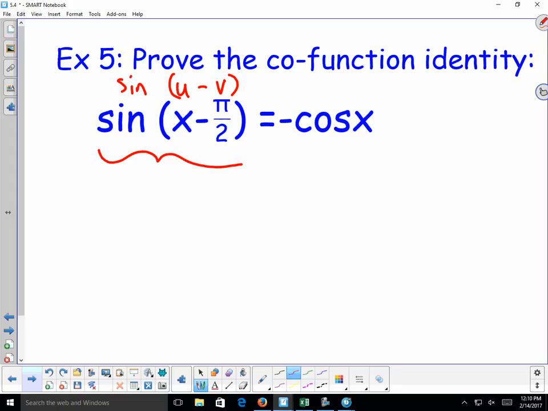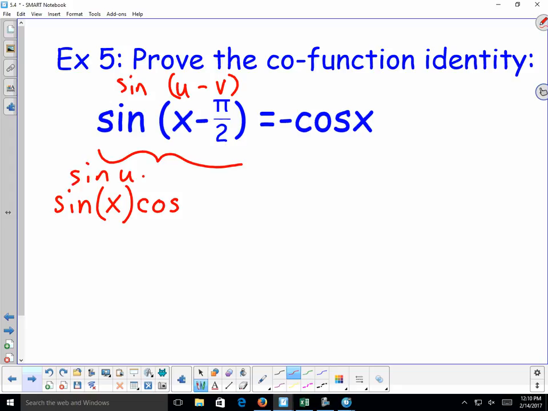Number 2. So we're going to want to rewrite this as sine, et cetera. Alexis, what's it going to be? Sine U cosine V. Yeah, let me write the formula.